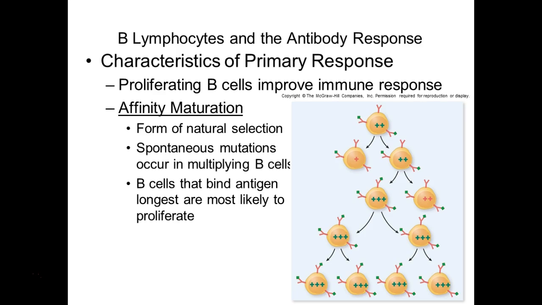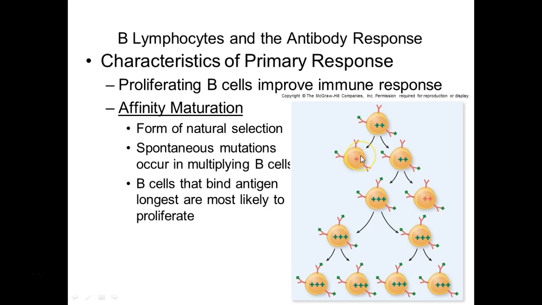And the hope is they'll become even stronger binding between the antibody and the antigen. So they have a way of detecting how well they're binding with the antigen. So in this case, for demonstration purposes, they're putting a ++. That gives you an idea of how strong that binding is. Where this mutation that happened, it had a little bit less binding.